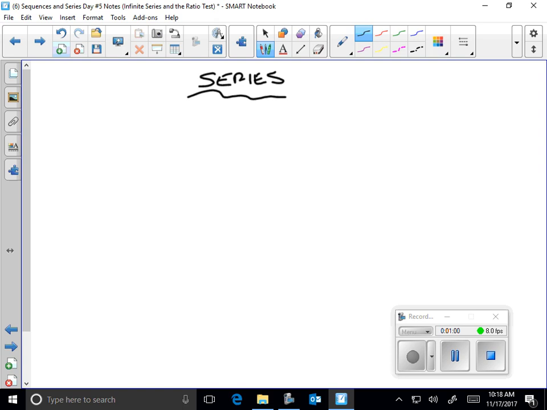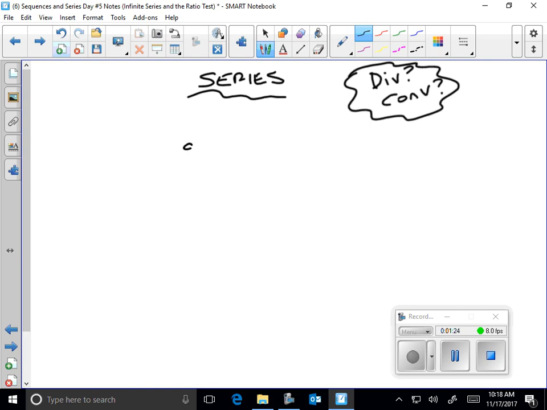Is the area under that curve finite, or is it infinite and going on forever? So that's our overall goal. We want to figure out, does it diverge or does it converge? We're going to have a nice little flowchart of where you start and how you know where to go.